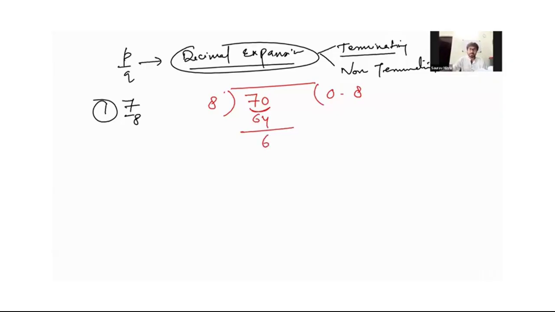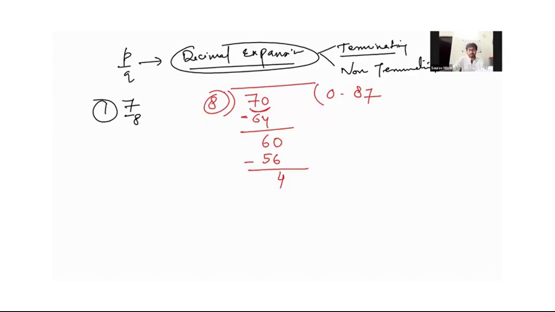Now again we write a 0, and we do not put a decimal again. So now it is 60, and we have to check for a number less than 60 in the table of 8. Yes, 7 8 is 56. Subtract it, you will get 4.